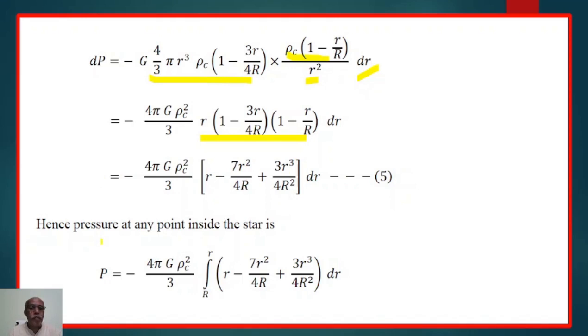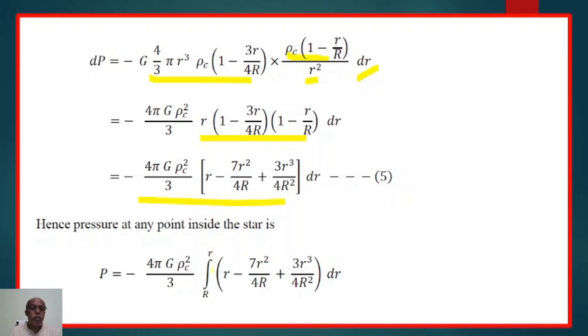Hence, we can obtain pressure at any point inside the star by integrating equation number 5 between the limits capital R and small r. Capital R is the lower limit of integration and small r is the upper limit, because at capital R, on the surface, the pressure is least. As we go deeper into the star, the pressure increases.